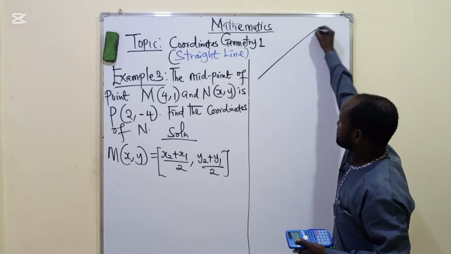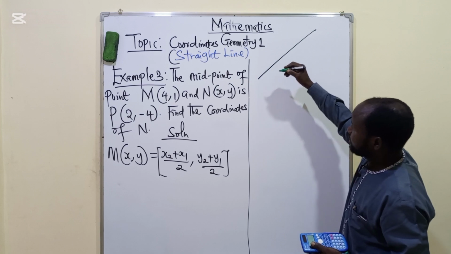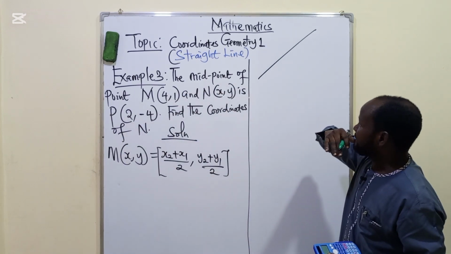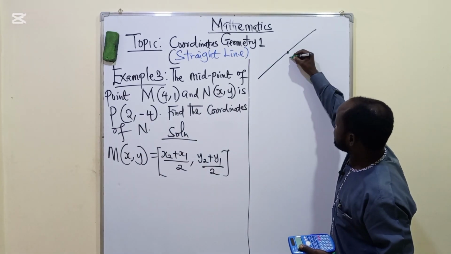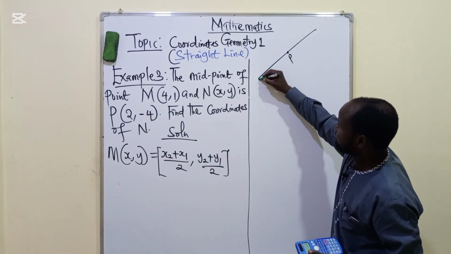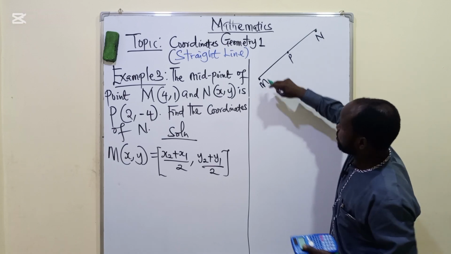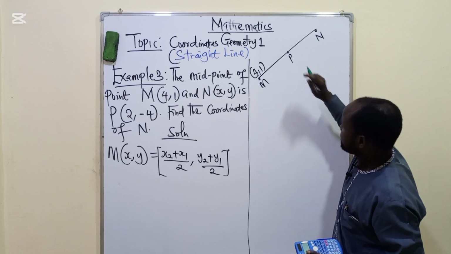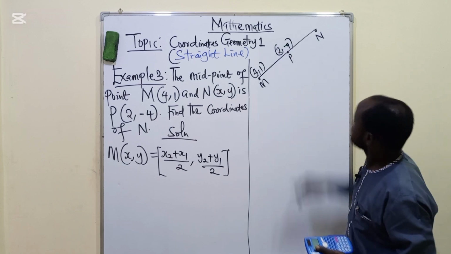Let's illustrate this. We have points M and N. The midpoint is given as P. So P will be the midpoint of this line. Then we have M here, and we have N. The coordinate of M is (4, 1). The midpoint is (2, -4).